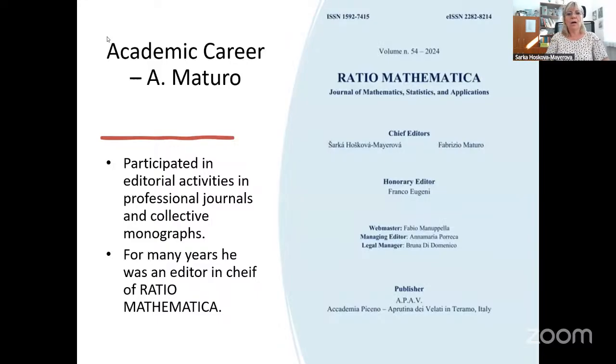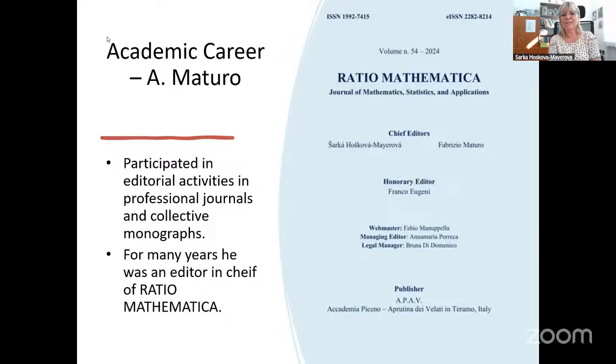Antonio participated in many conferences, and he did a lot in editorial activities. The most important, in my opinion, was that he was editor-in-chief for many years of Ratio Mathematica.